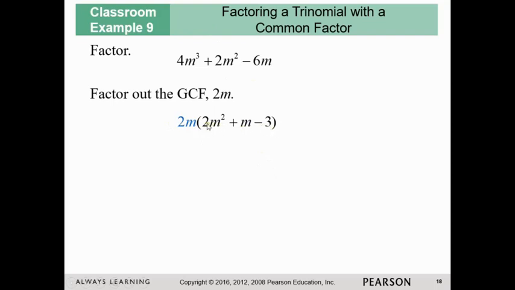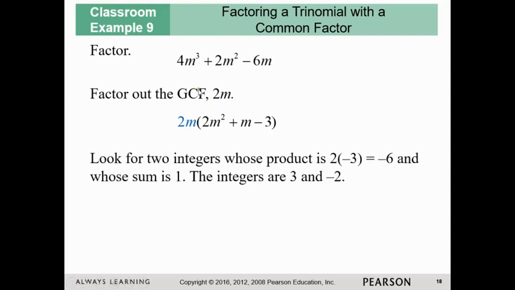So notice my leading coefficient is not 1 again. So I calculate AC, which is 2 times negative 3. AC is negative 6. So we're looking for factors of 6 that will yield the middle term of 1.